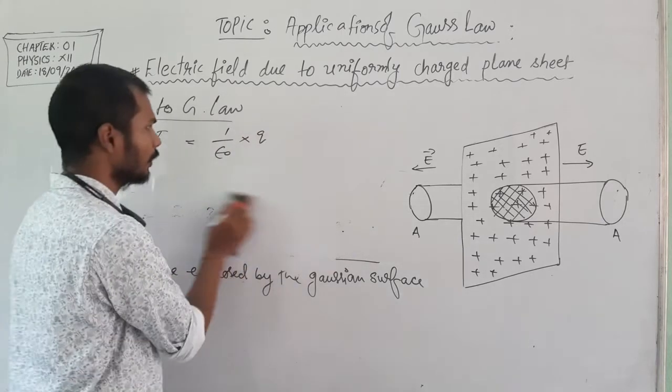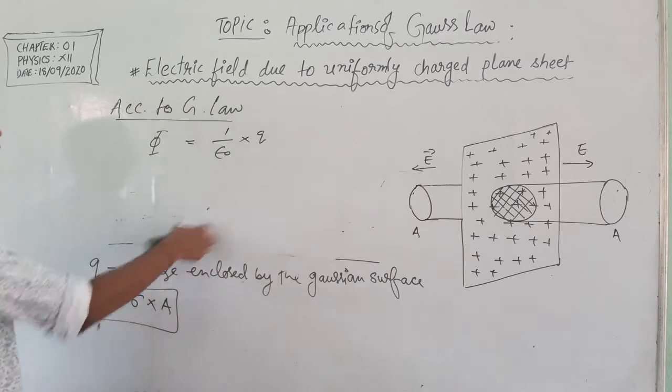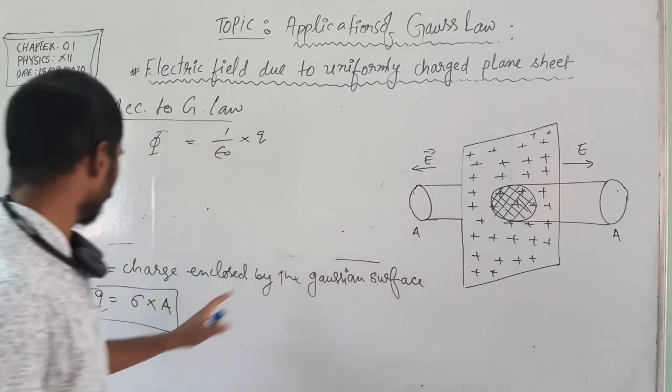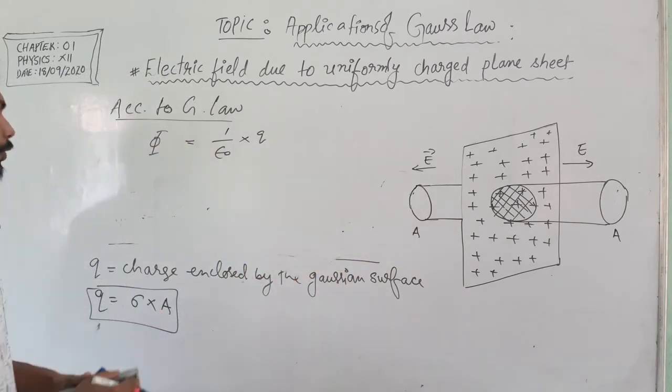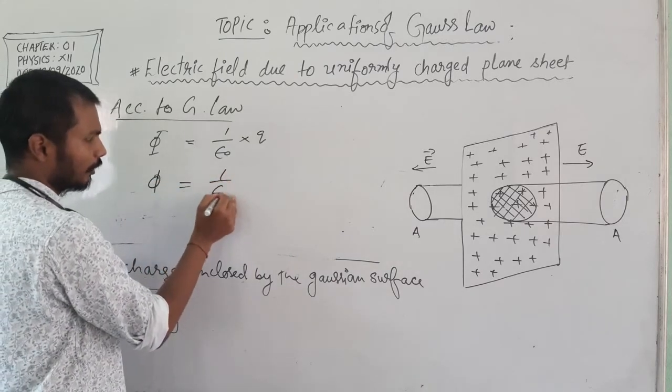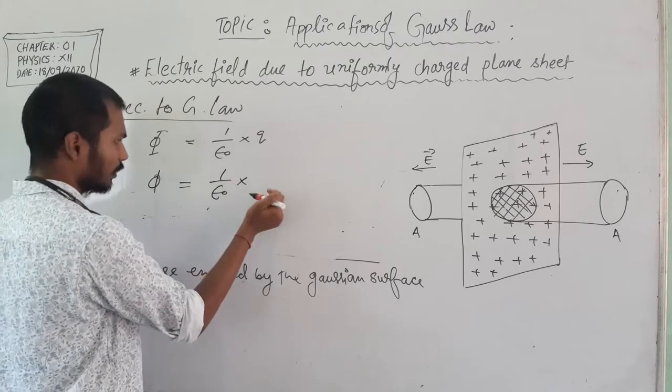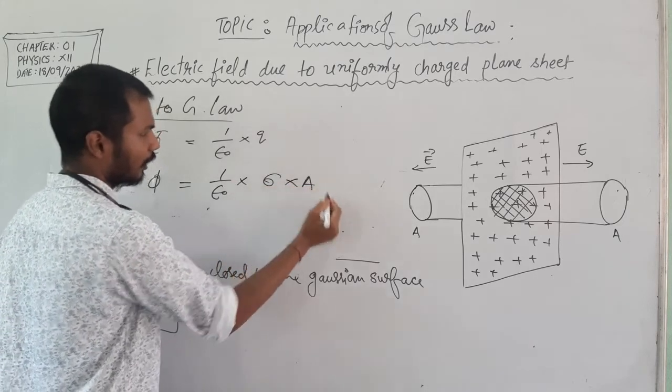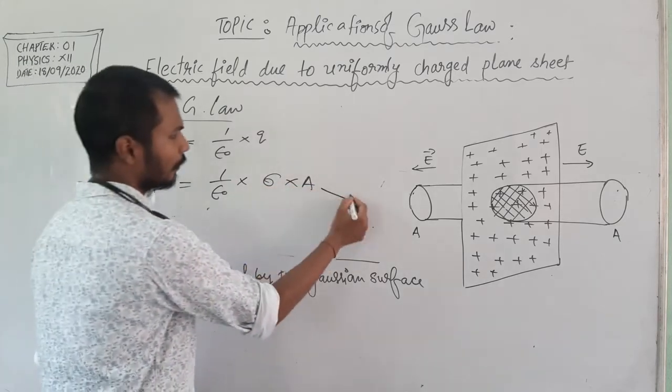In this figure, the charge enclosed by the surface is sigma into A. So we can write phi is equal to 1 by epsilon naught times sigma into A. Let it be equation 2.